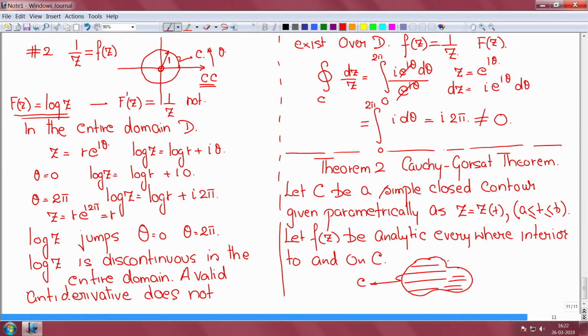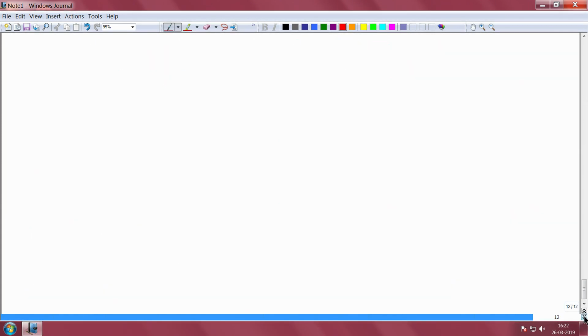That means it has derivatives at every point. Then what?